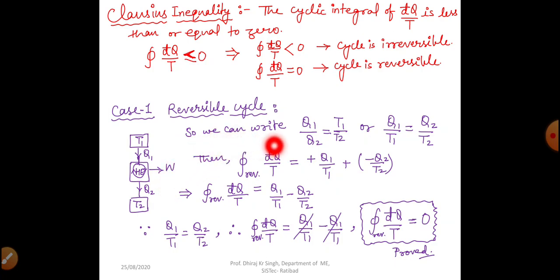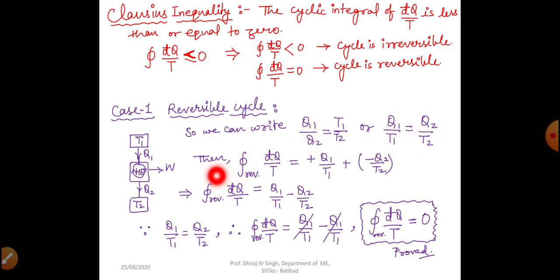So we can write according to the Clausius equation, the cyclic integral of del Q by T, for the heat engine. We know from the thermodynamic temperature scale Q1 by Q2 equal to T1 by T2, and we can write it as Q1 by T1 equal to Q2 by T2.